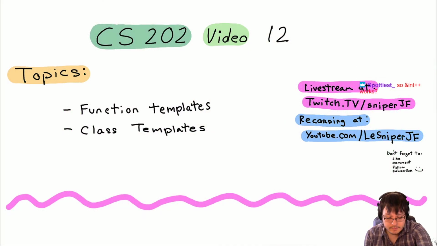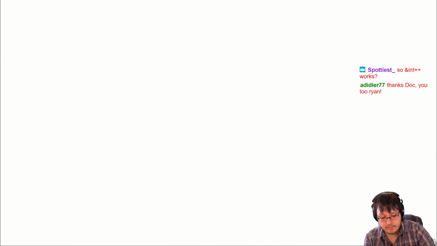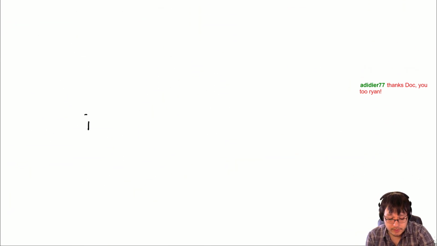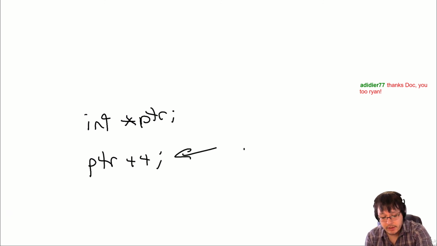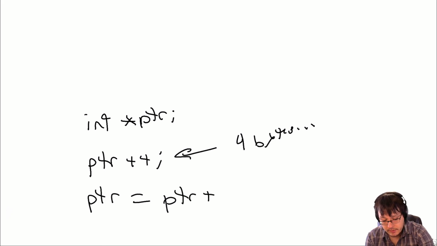So if you got yourself a pointer of integer type and you do ptr++, that's going to increment it by 4 bytes or whatever the size of your integer is. You can also do something like ptr = ptr + 1, and that's going to do the same thing.